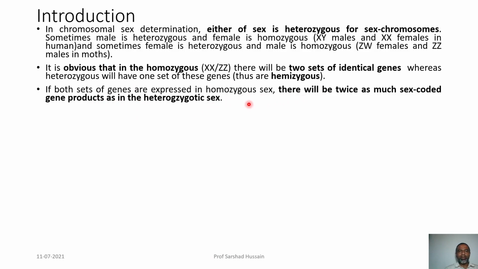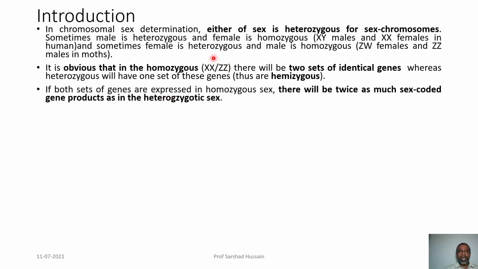Because the heterozygous sex is having one set of genes and the homozygous sex is having two sets of genes, it means if the genes present on both the chromosomes express themselves, then one sex will have double the amount of the products coded by the genes, and the other sex will have half or the single amount of the products of the genes coded by the sex chromosomes.